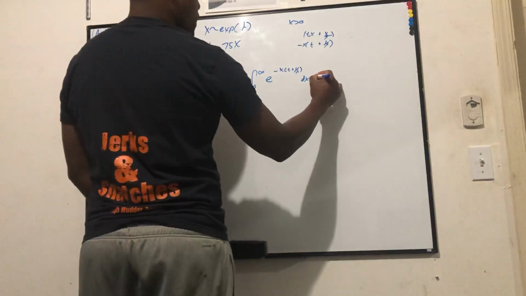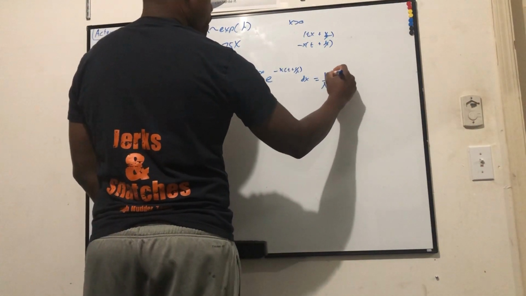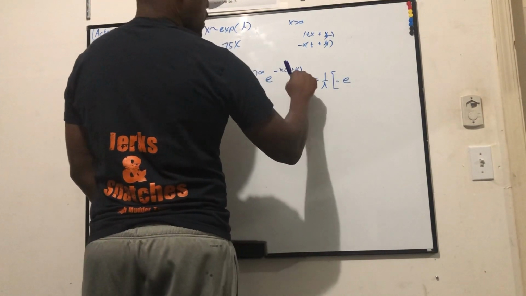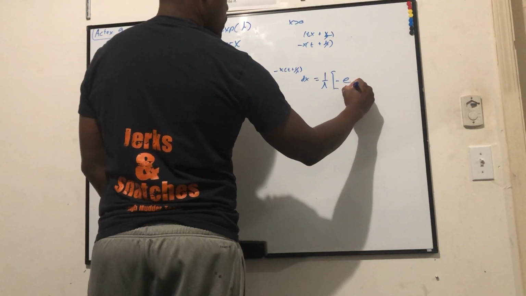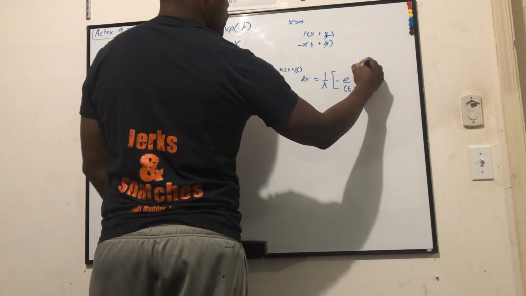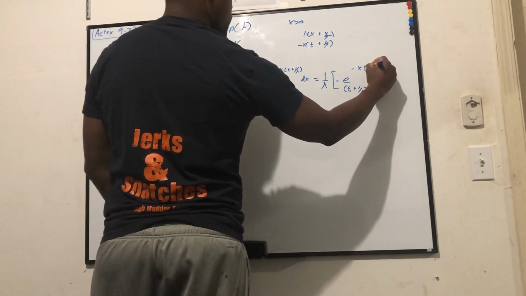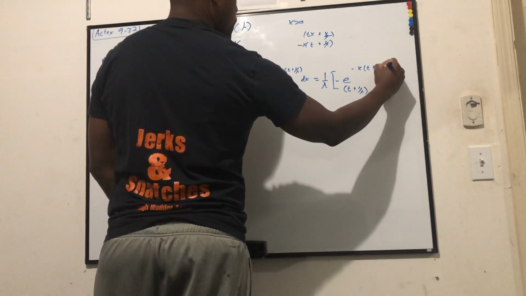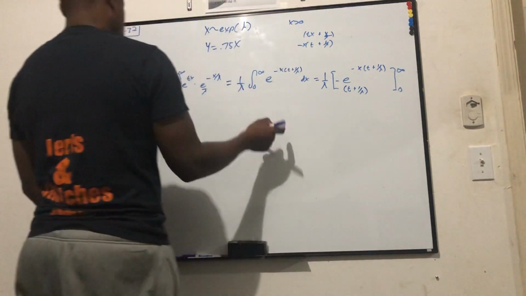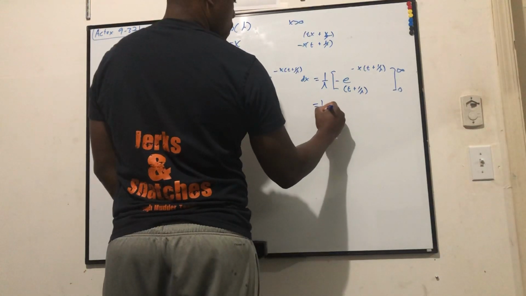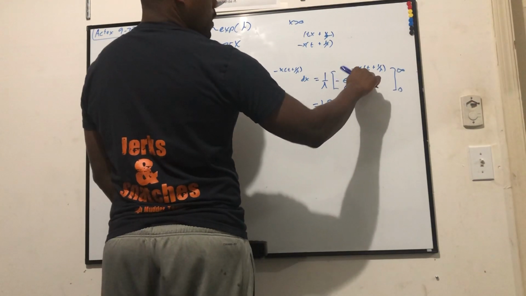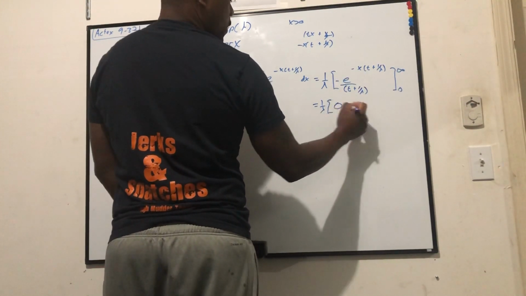Okay, let's integrate it. Whatever's right here goes right here, t plus 1 over lambda. This stays the same, evaluated from 0 to infinity. E to the infinity, that's going to be 0.